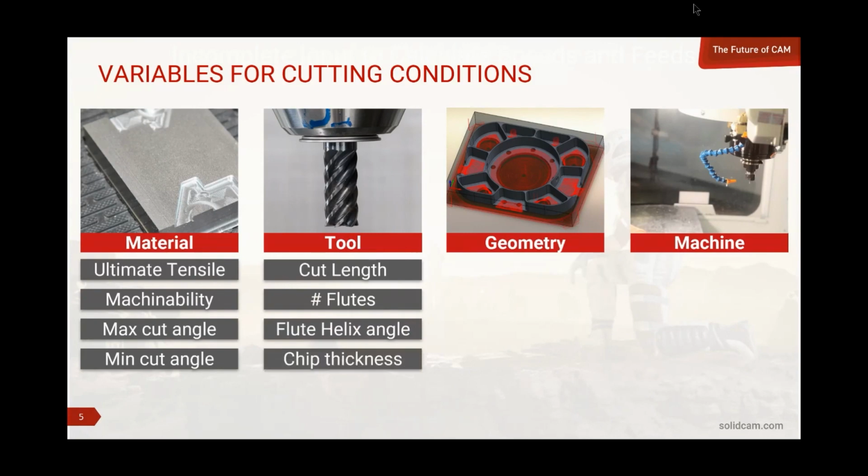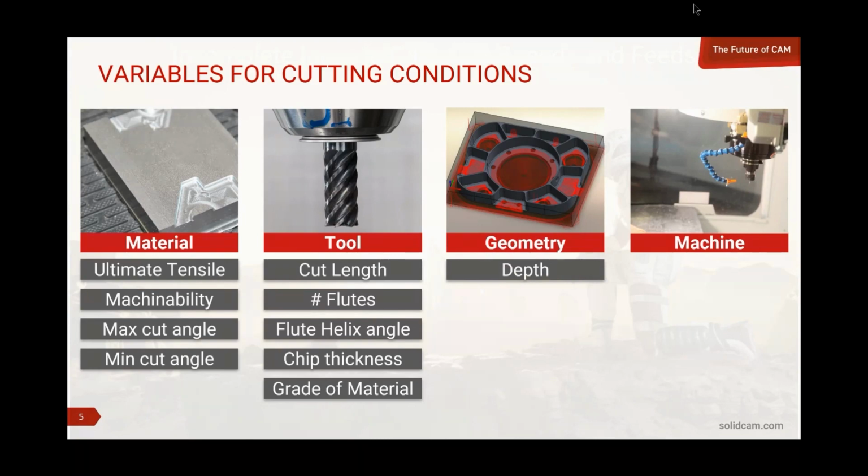And of course, we can assign the chip thickness. Now, chip thickness is an interesting parameter. We'll talk about that in more detail later, but this is not the chip load at the front of the tool. This is chip thickness at the actual cutting angle. Also, the grade of the material of the tool can have an impact on how we want to machine with iMachining.